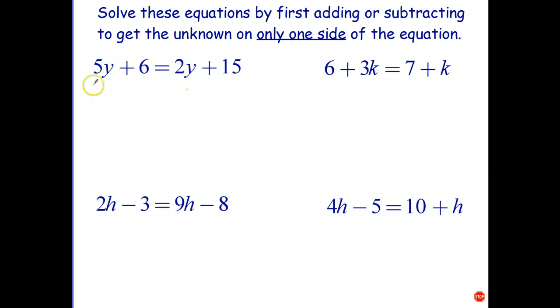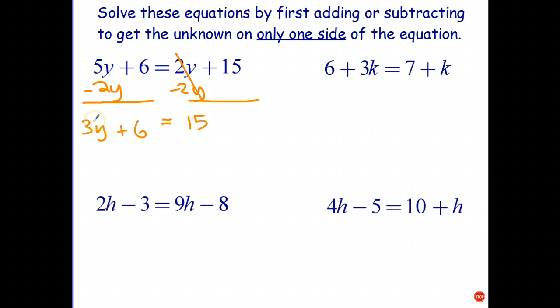So I'm better off subtracting the smaller amount, the 2y, from each side of the equation. Now again, the reason for that is 2y take 2y goes to 0. 0 plus 15 is 15. 5y take 2y is 3y. And there's our new equation.